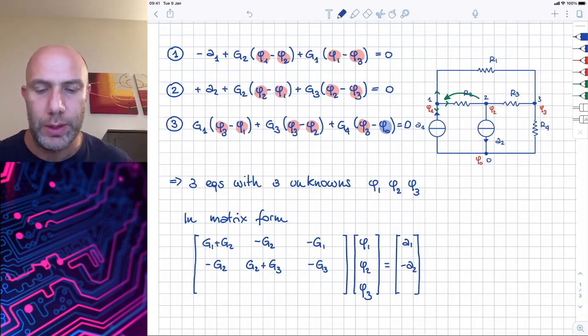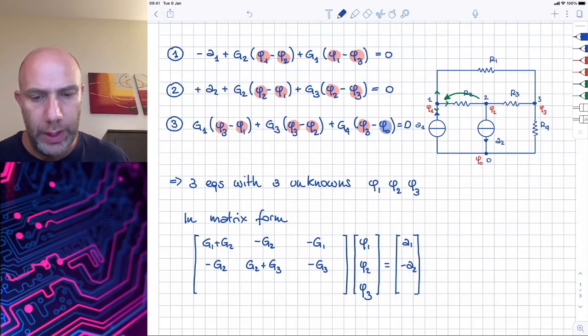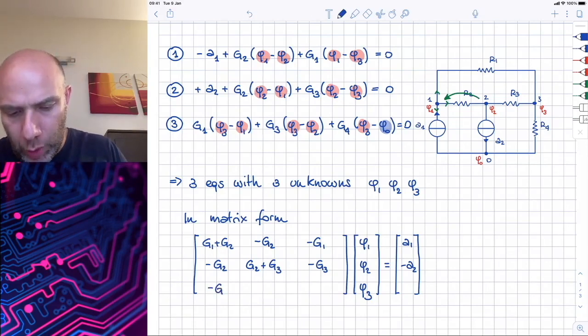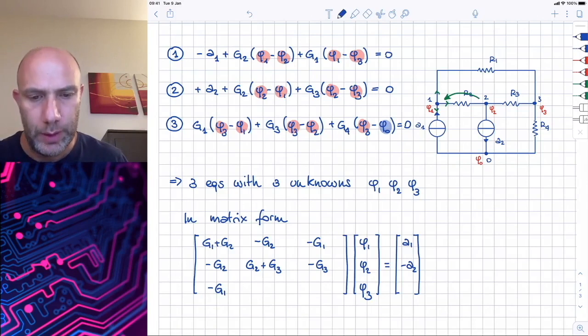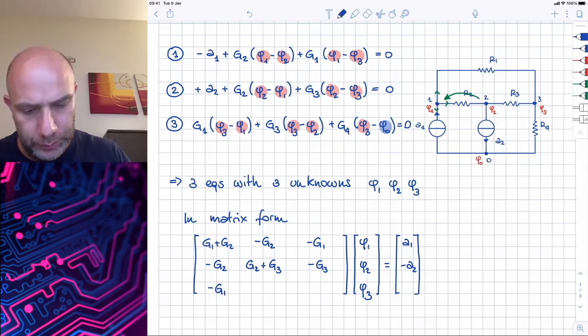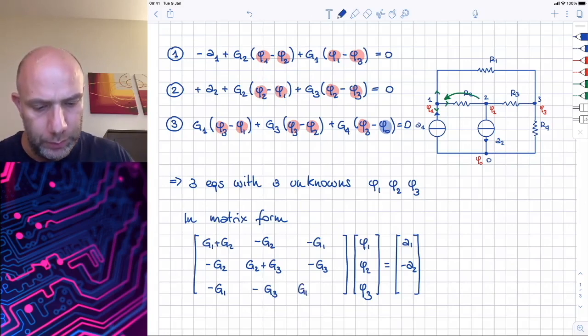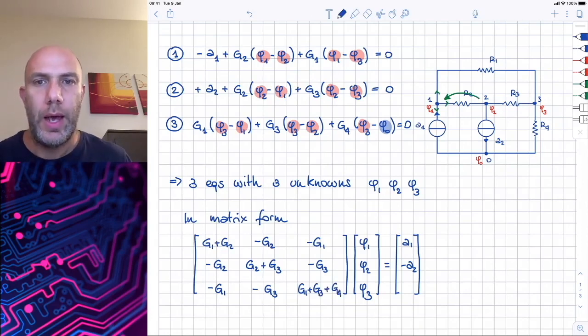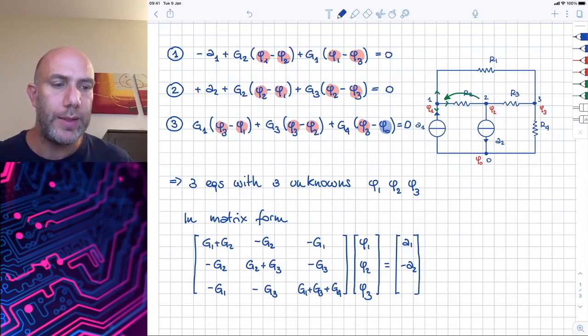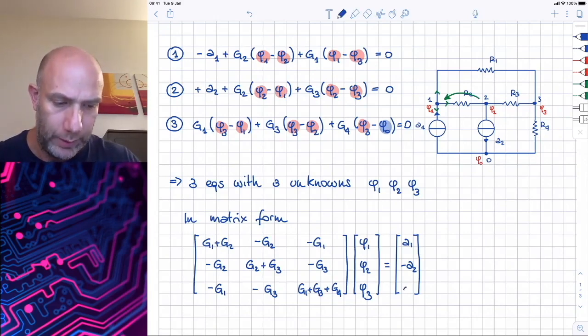Finally, if we consider the last equation, we have minus G1 in first position, minus G3 in the second position, and G1 plus G3 plus G4 as the last term. In the last equation, we don't have any generator that is pushing some current inside node 3, and so we have 0.